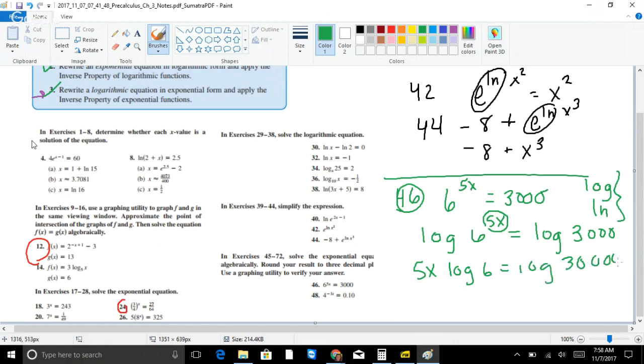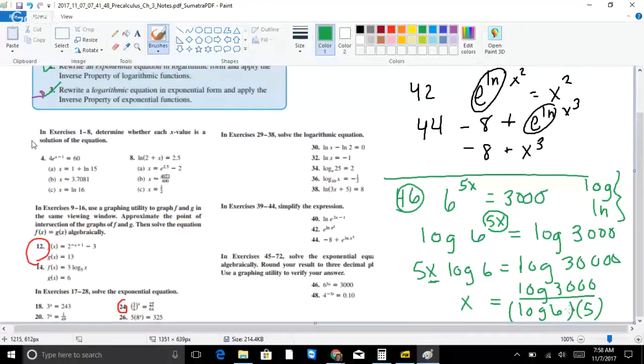Now, by the power of algebra, I can get x by myself by moving the 5 and the log of 6 to the other side. So x equals log of 3,000 divided by log of 6 times 5.